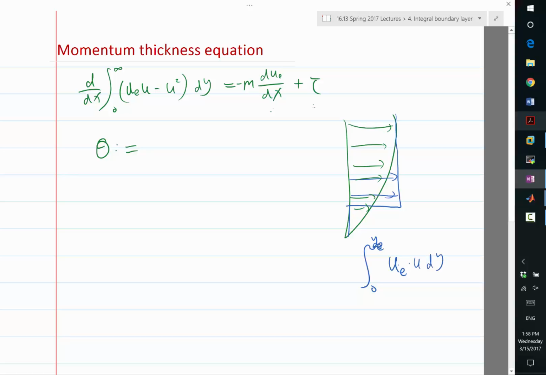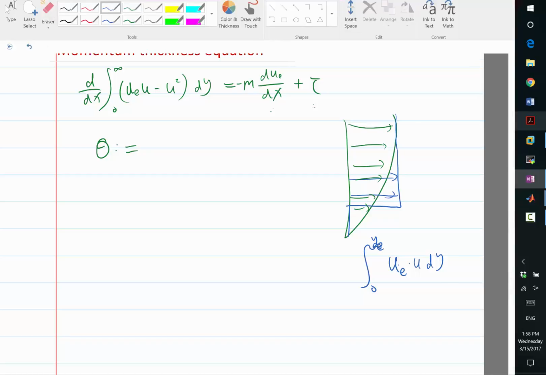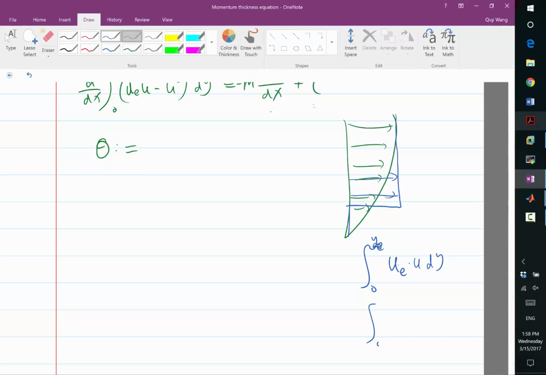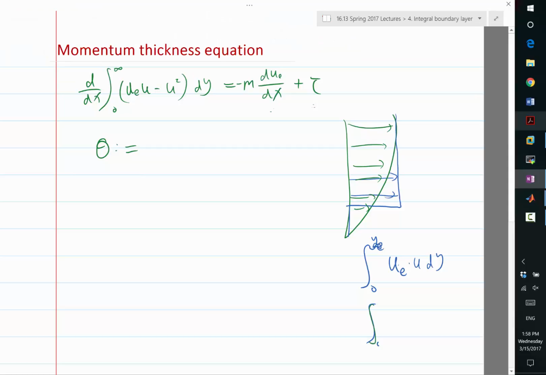So this is the constant velocity ue times the mass flux. While for the real boundary layer, the momentum is, so this is ideal, this is real, the integral to ye of u squared dy.